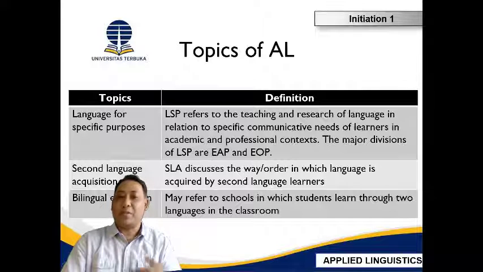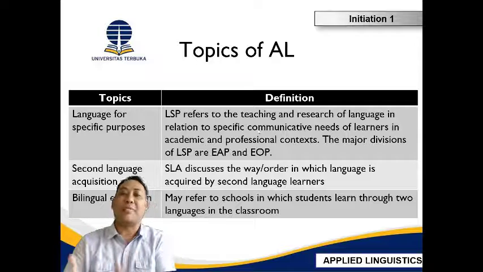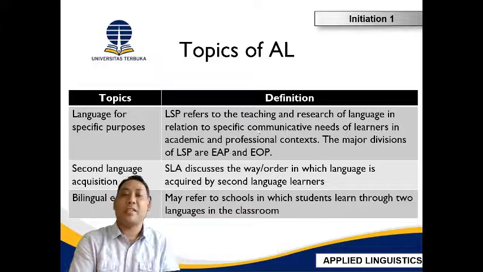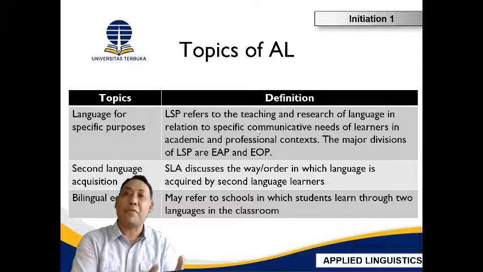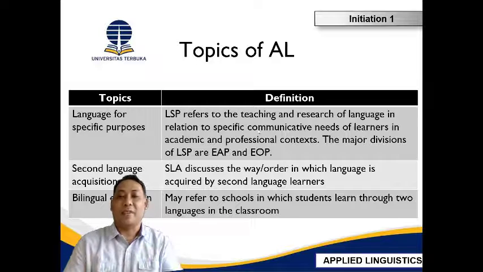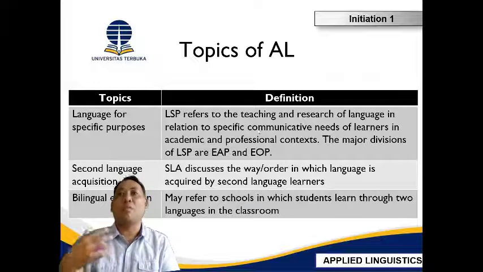Further is about language for specific purposes, which is exactly what I just mentioned. Language for specific purposes refers to teaching and research of language in relation to specific communication needs for learners in academic and professional contexts. So we know in language for specific purposes, there is English for academic purposes and English for occupational purposes.